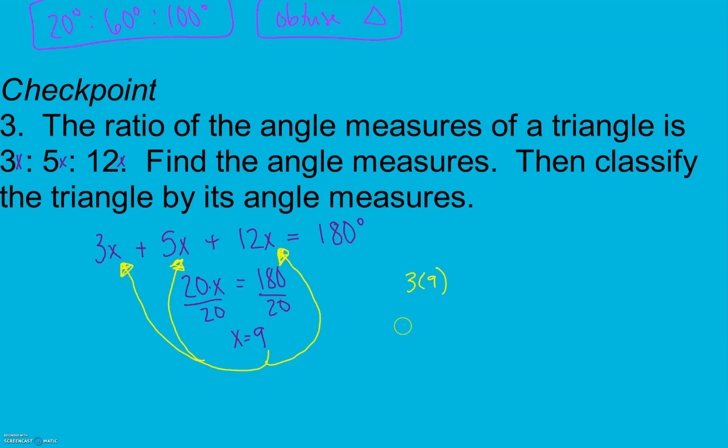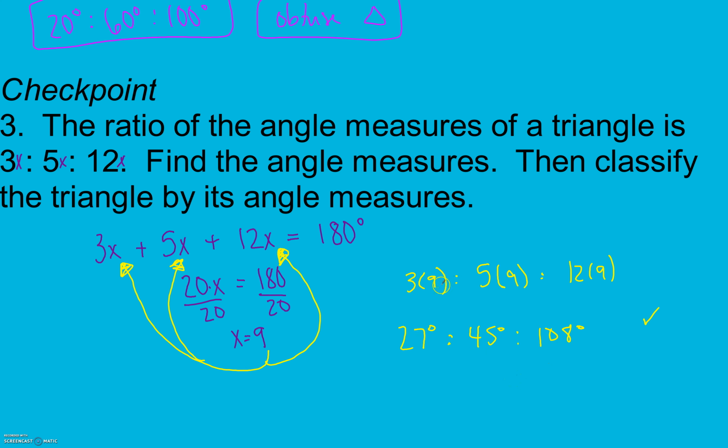3 times 9 gives me 27 degrees. 5 times 9 gives me 45 degrees. And 12 times 9 gives me 108 degrees. When we add these all back up, we get back to 180 degrees, which is good. We should. 27 plus 45 plus 108 gets me to 180.